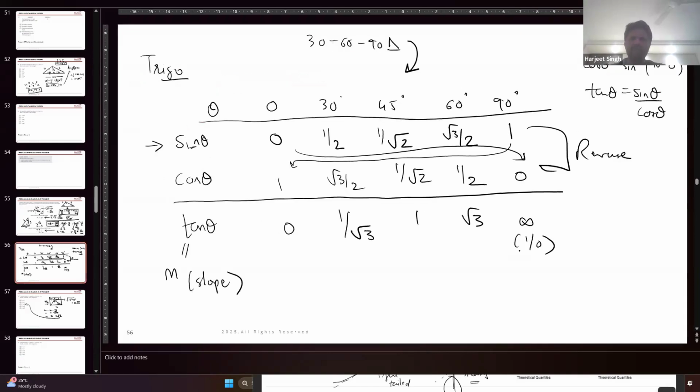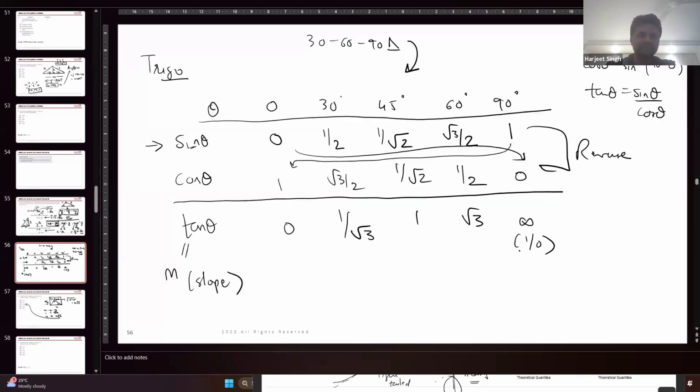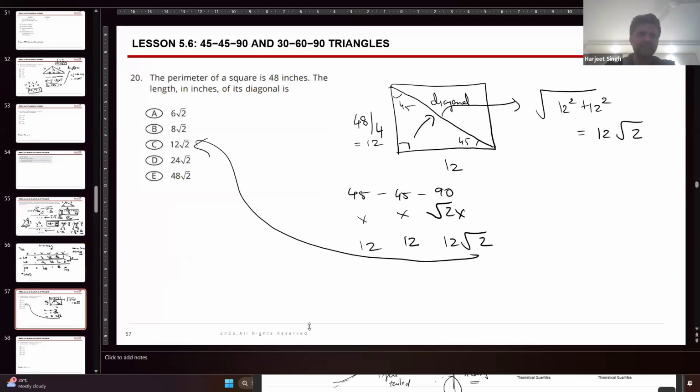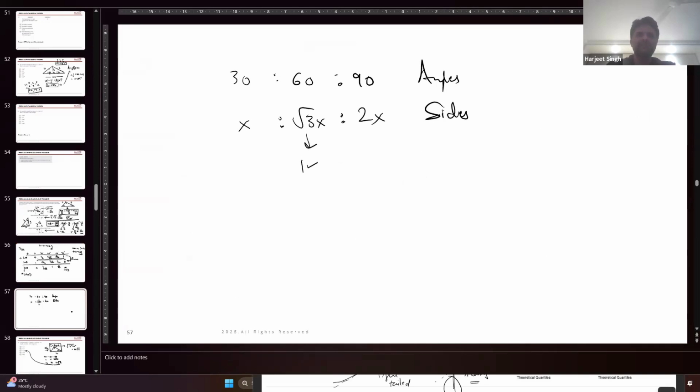Also, if you carefully observe this, I'll write it here. Now we have derived this rule for 30, 60, 90, and we've said that these are the angles and the sides are in the ratio x is to 2x is to root 3x. Now, root 3 is 1.7.